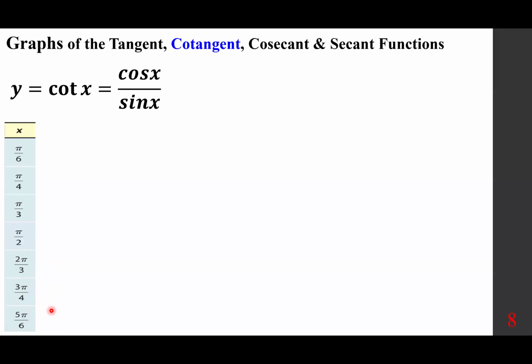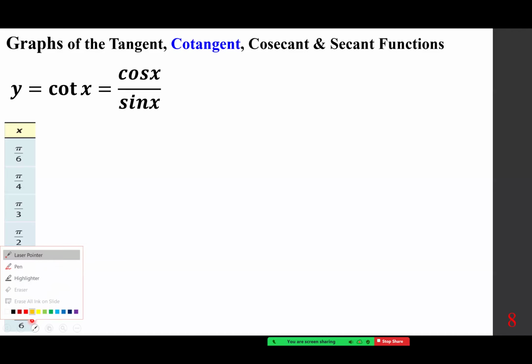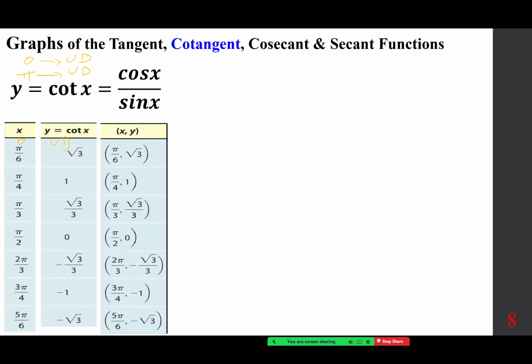We can add 0 is undefined. If you put 0 here, you get undefined. And if you put pi, the same thing. So 0, undefined, pi, undefined. That means those are the vertical asymptotes.